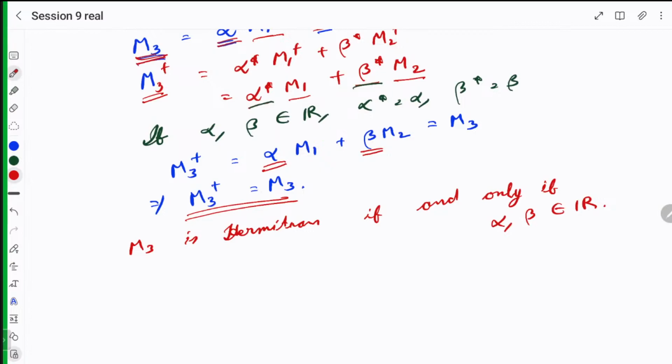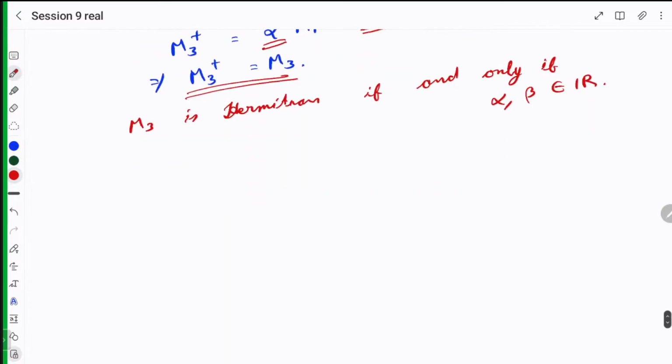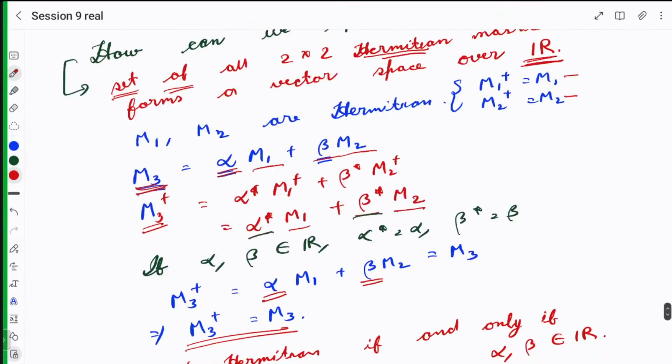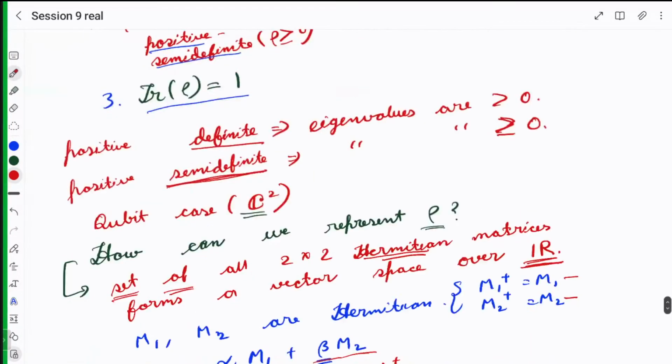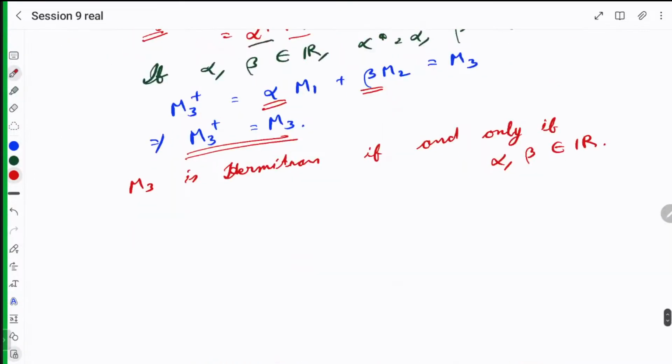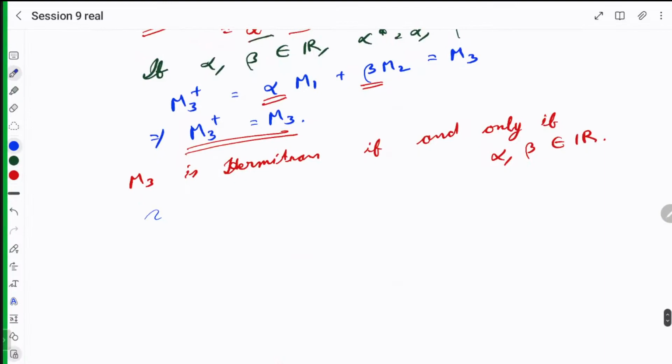Now, if rho is Hermitian, then it will belong to this vector space, the space of all 2 by 2 Hermitian matrices over R. Now, there can be an infinite number of bases of this space, but one important basis is identity, sigma x, sigma y, and sigma z.